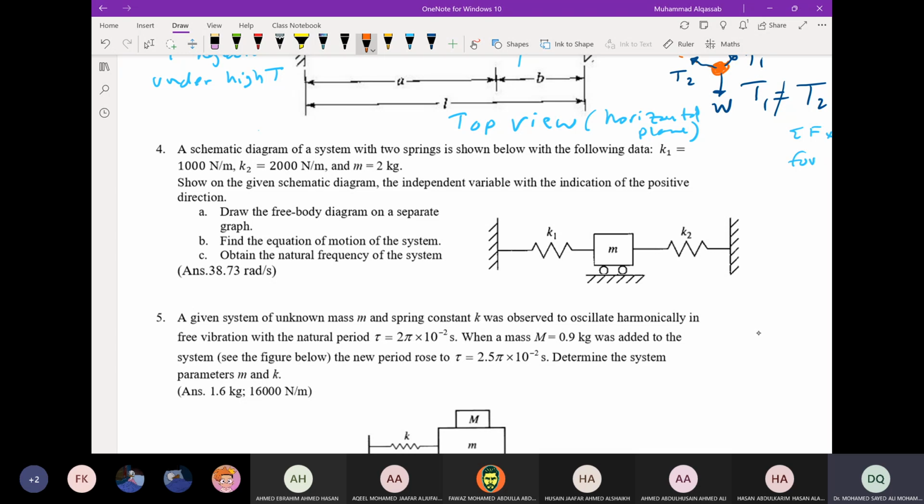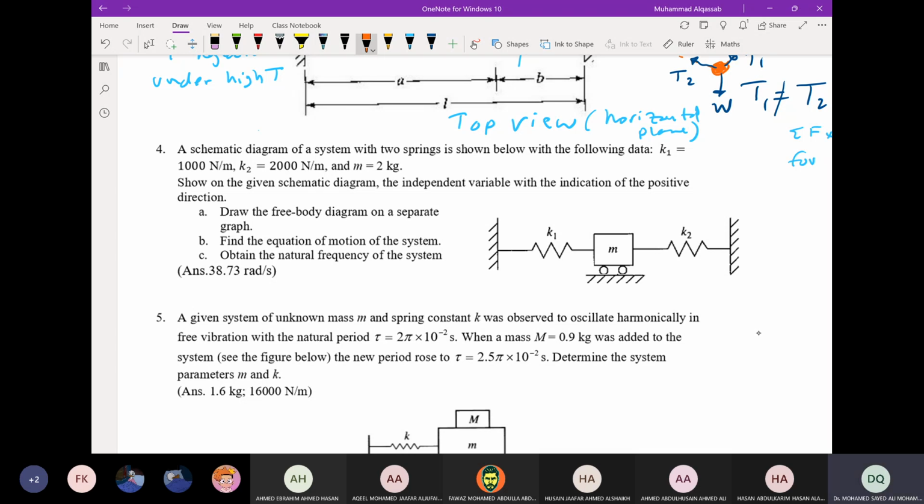Draw the free body diagram on a separate graph. You put the mass and put the forces. With this assumption we made that X is positive to the right, the spring on the left is under tension, and the spring on the right will be under compression.